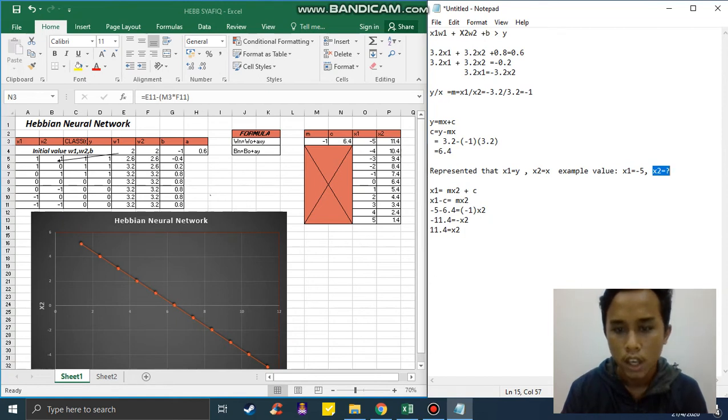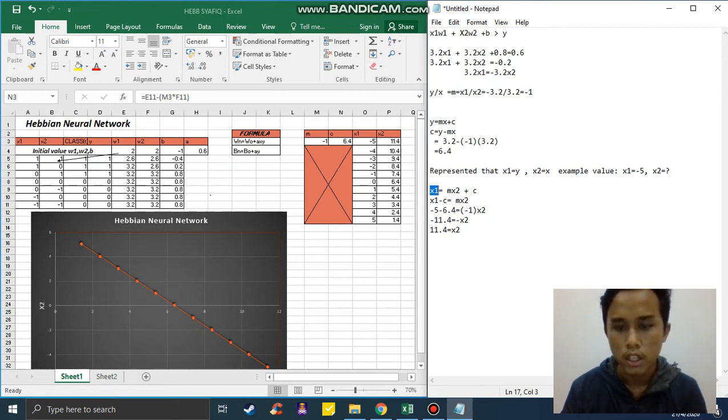Using the formula y equal to mx plus c, we arrange the equation to get x1 minus c equal to m x2.